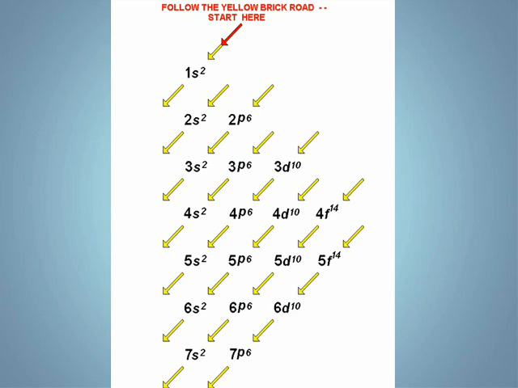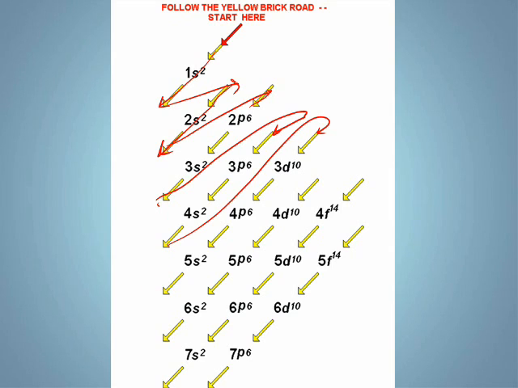So you would start here and you just follow the arrows. So you first fill up the 1s2, then you go to the 2s2, then after that basically go here and then back to the top, fill up here, then go back here, fill up these, and then you go back to the beginning, back to the back of the line.